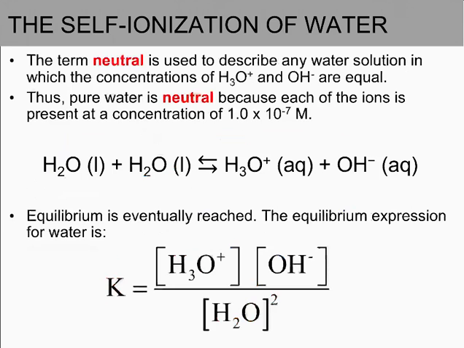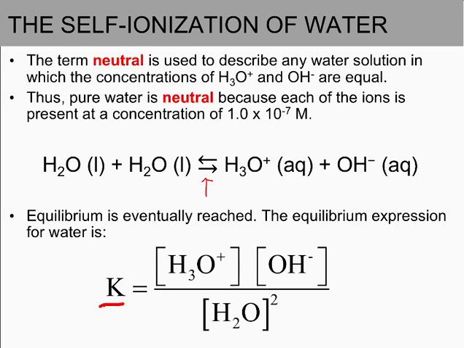Now, again, you'll notice that we have double arrows here. So this reaction could go back and forth, which means that it eventually will reach equilibrium. And remember in chapter 8, we saw that we can write an equilibrium expression for a reversible reaction. So down below, we have the equilibrium expression for water. So remember, K is the equilibrium constant.